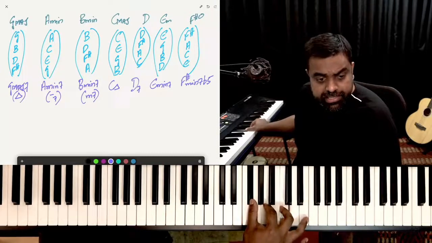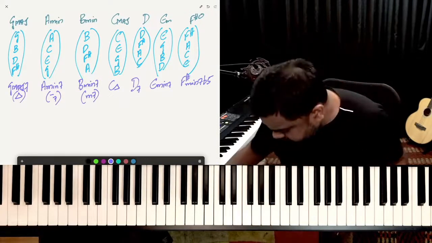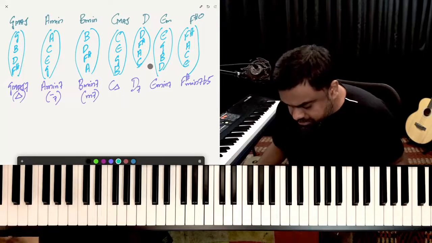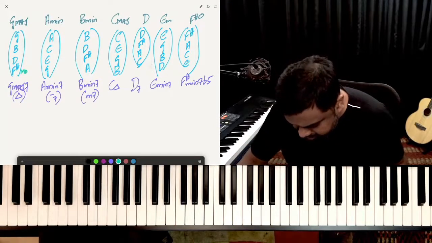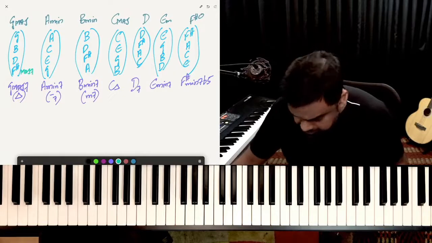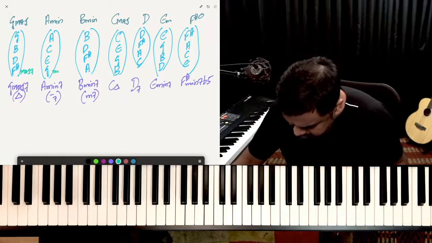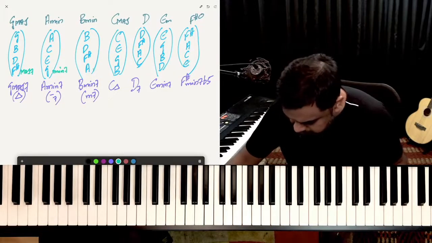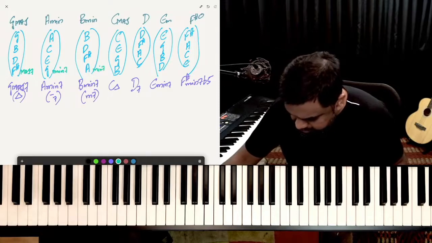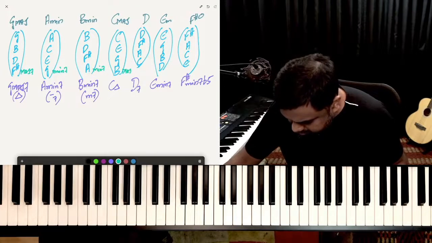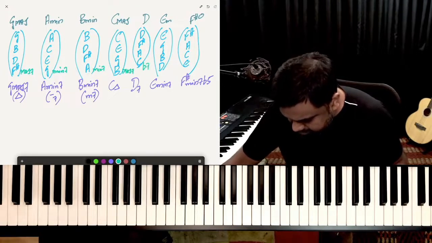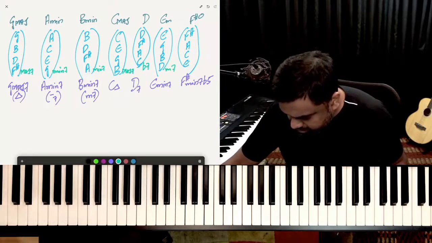Okay, and the intervals which are used here are pretty much, see, the major 7th uses the major 7th interval at the top, then you have the minor 7th here, minor 7th here, major 7th here, this is your flat 7 at the top, again minor 7th, and then again minor 7th.